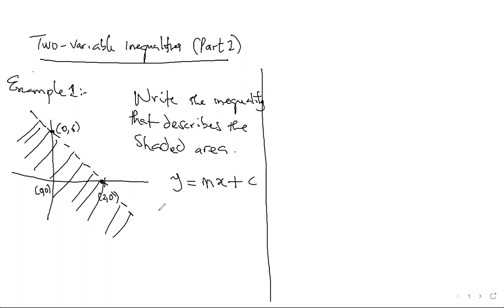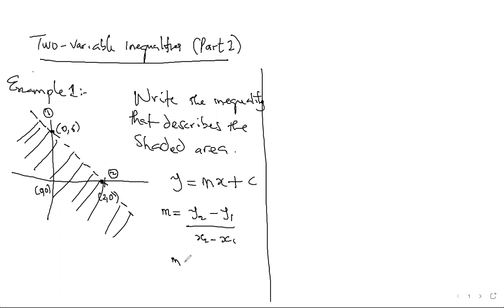So if I calculate the gradient using m equals y2 minus y1 over x2 minus x1, if I call this my point 1 and I call this my point 2, it doesn't matter which one. You can call this 1 and this one 2, you get the same thing.